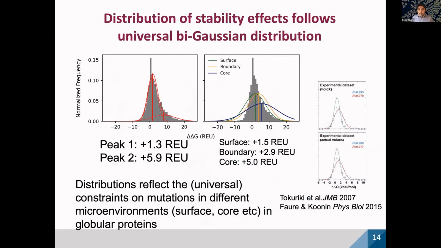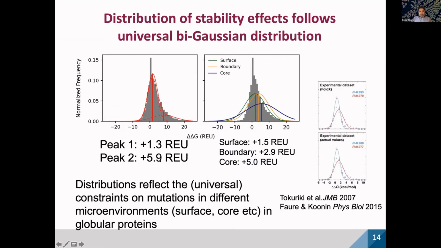In terms of energetics, what we found was a very interesting bi-Gaussian distribution corresponding to the energetic effects of these mutations. So you can see that this is a histogram of the calculated delta G values, the changes in thermodynamic stability. And you can see that they fit really well to a skewed Gaussian or two Gaussian peaks, one corresponding to about 1.3 Rosetta energy units, which is similar to a kcal per mole.